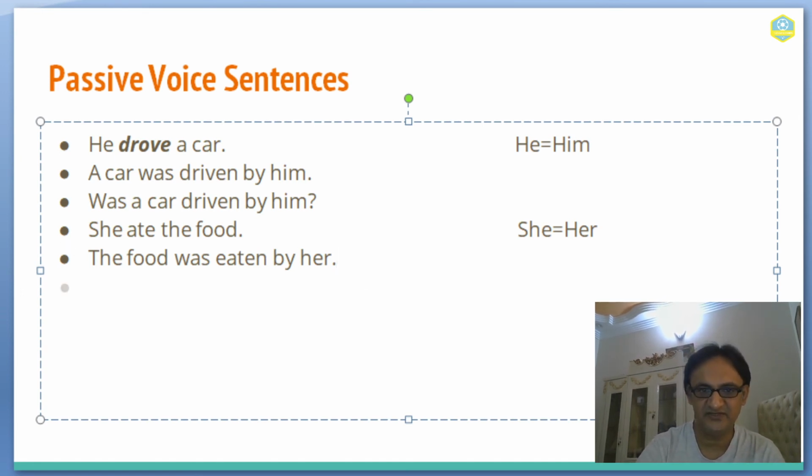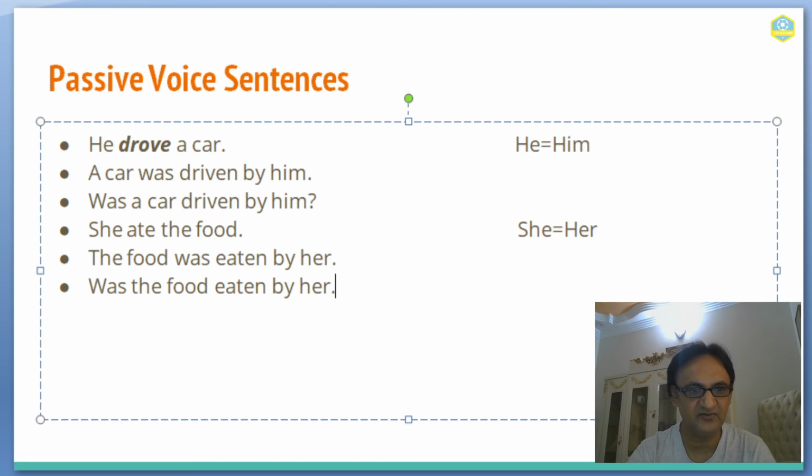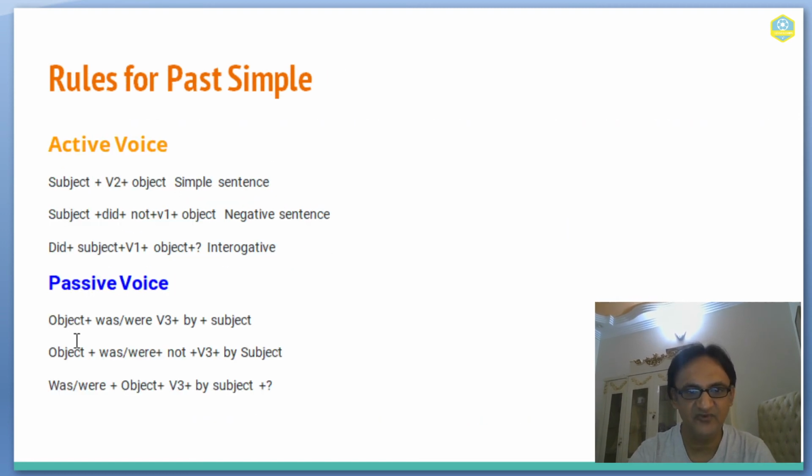If you want to make the question mark: was the food eaten by her? So what are you going to do? According to the interrogative, you have to bring the helping verb before, then objective.